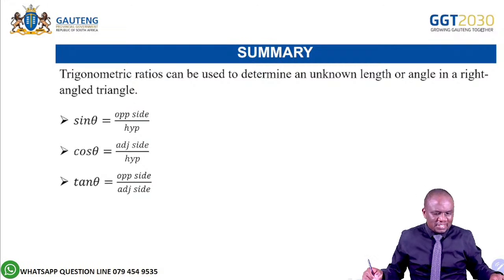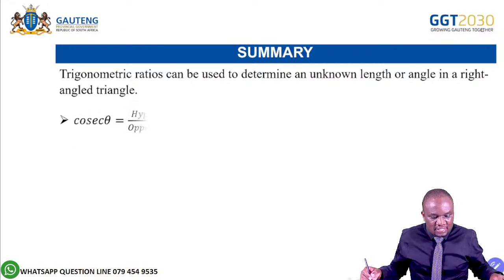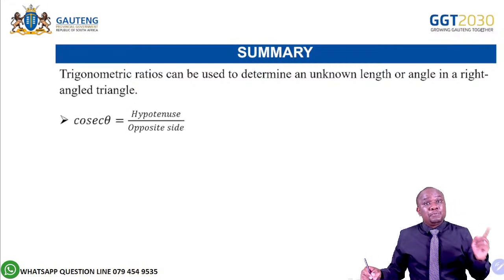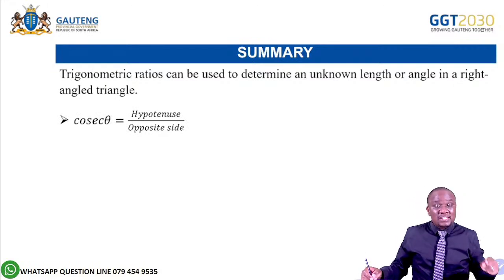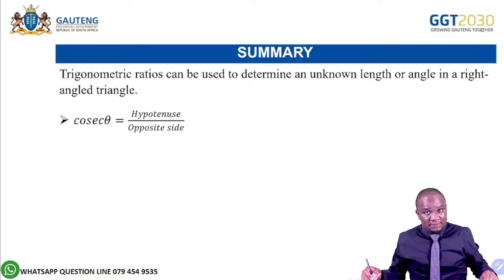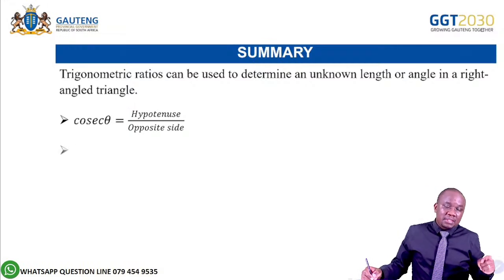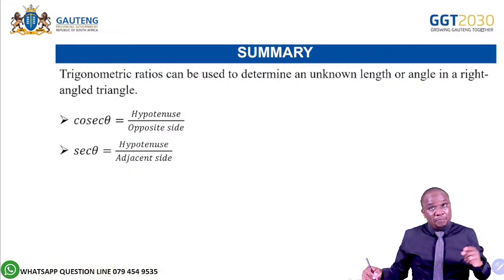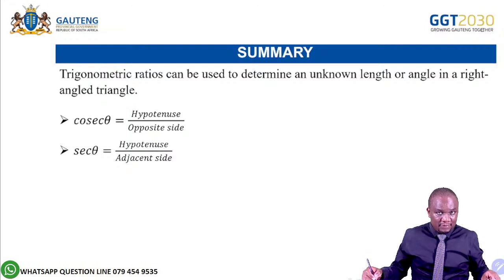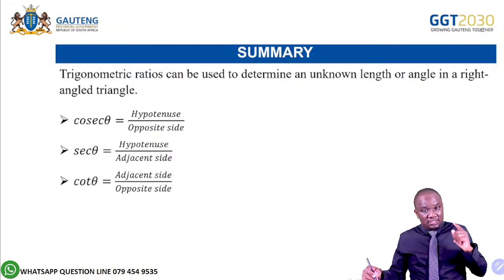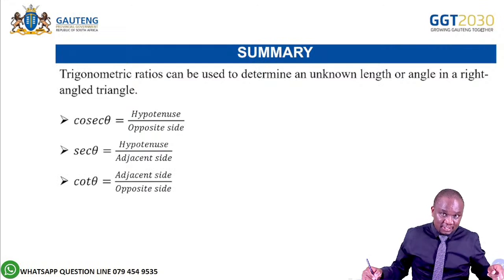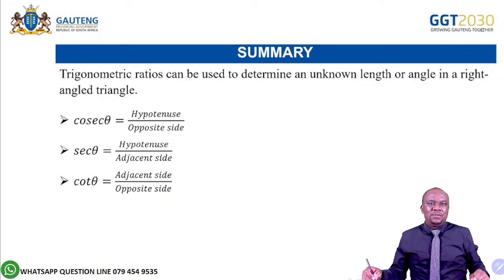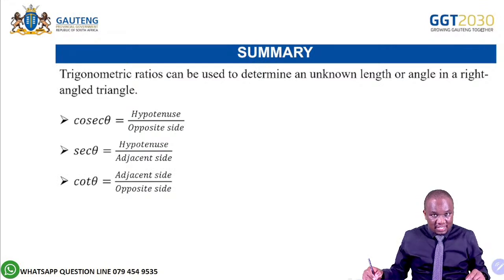We said cosec theta, which is the reciprocal of sine theta, is hypotenuse over opposite side. And then sec theta, which is the reciprocal of cos theta, is hypotenuse over adjacent side. And then cot theta, which is the reciprocal of tan theta, is adjacent side over opposite side.